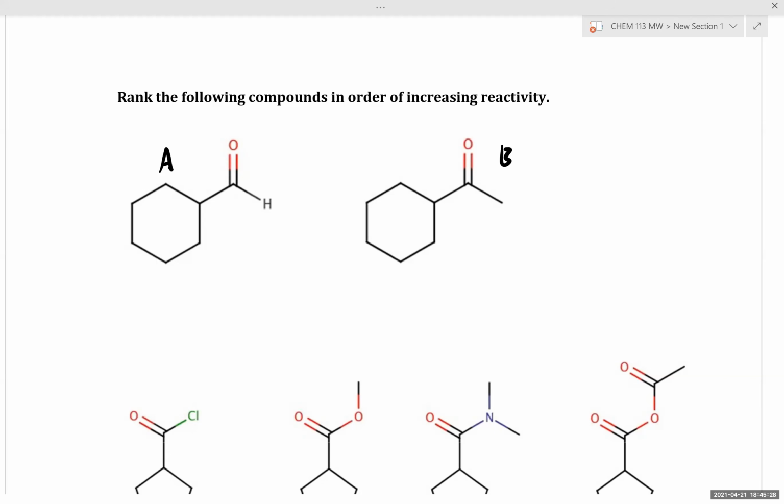A, exactly right. Generally, aldehydes are way more reactive than ketones. Exactly right. Perfect.